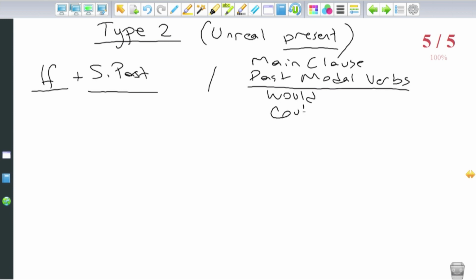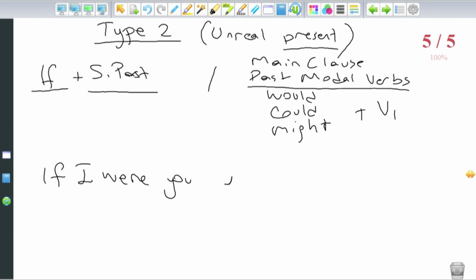Would, could, or might, we can say. It doesn't matter if you use them in past or present. Every time after modal verbs, you have to use verb-based form. So, I'm saying you. If I were you, I could buy a Ferrari.